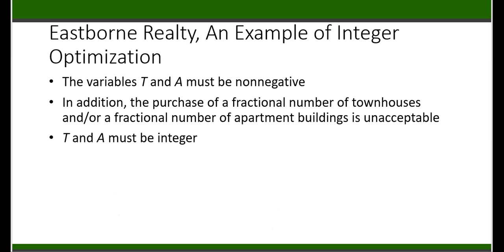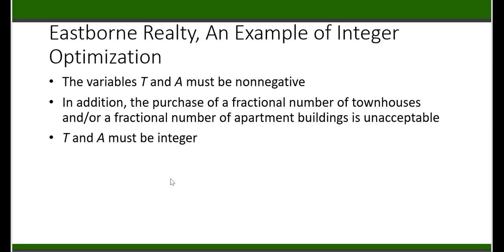The next slide, in terms of the decision variables, we know that they can't be negative. And also, you can't buy a fractional number of townhouses or apartments. So this is really a case of all integer linear programming, because we have 2 decision variables. Both of them have to take only integer values.